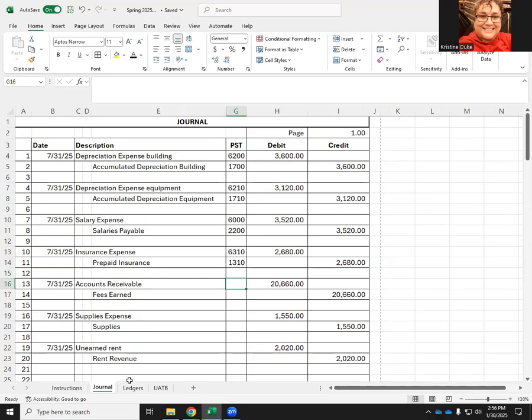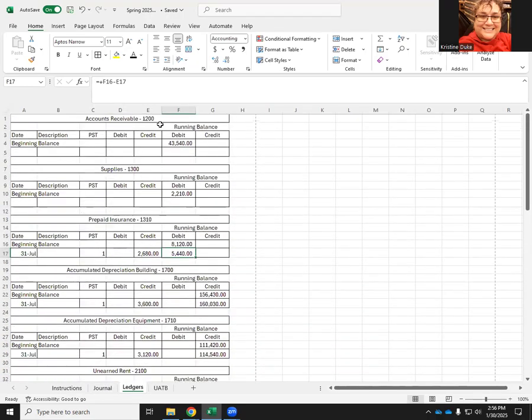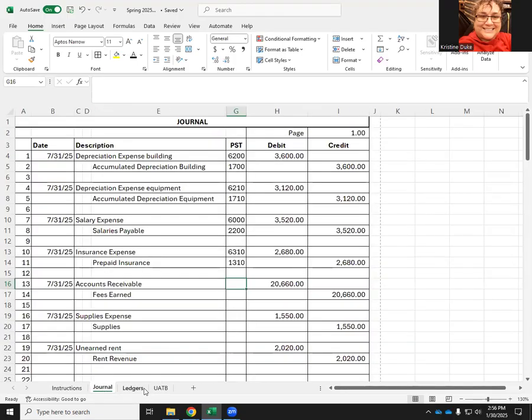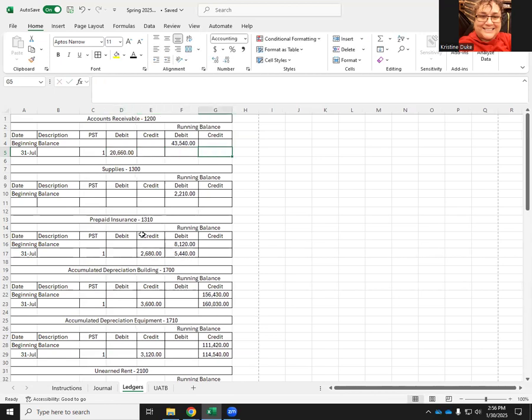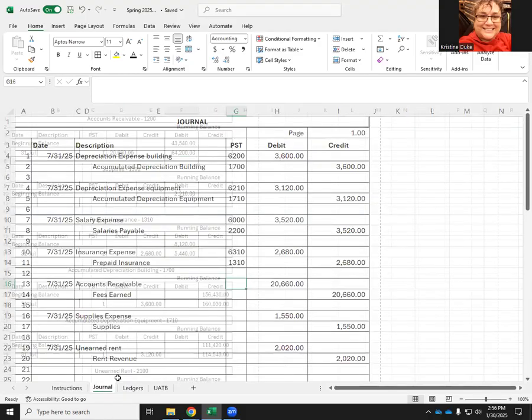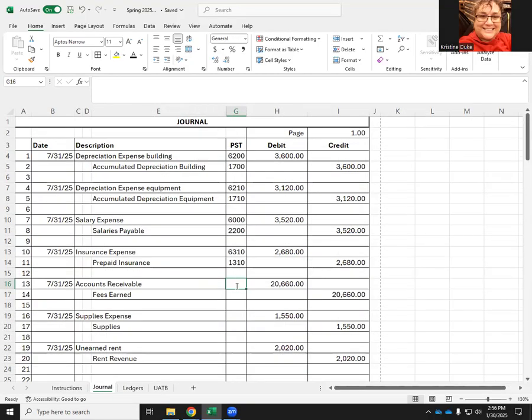Accounts receivable, pretty easy. This one is up here. Post ref 2,660. There's my ending balance, 1,200. Go to my fees earned.